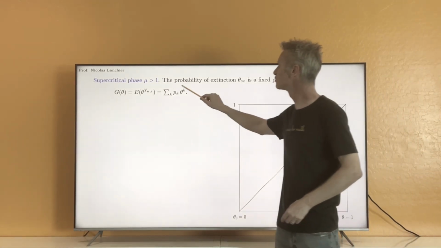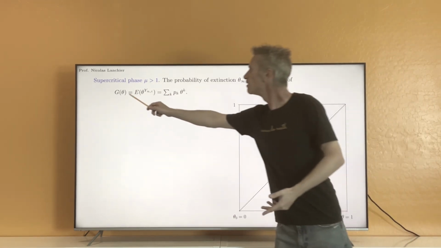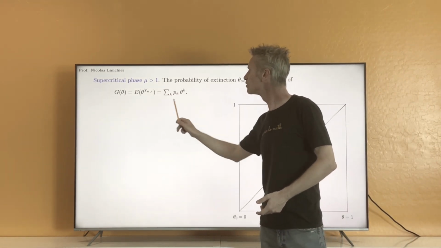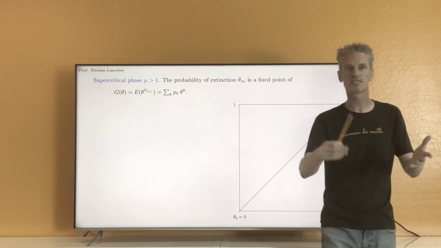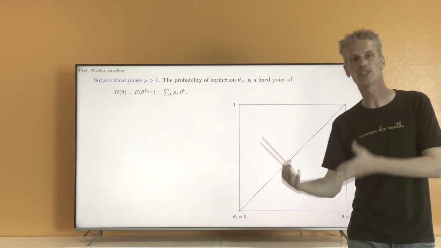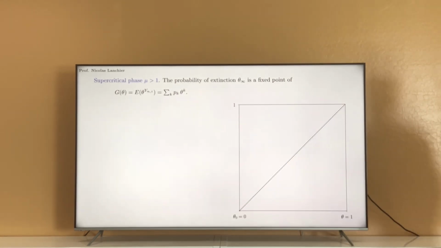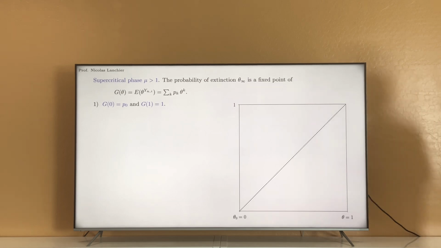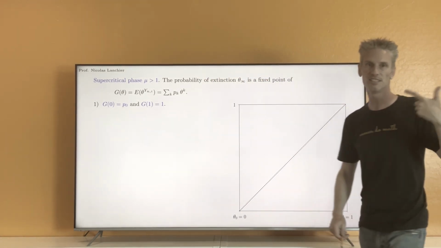Well, when theta equals 1, theta to the power k is always equal to 1. And so g of 1 is equal to the infinite sum of the pk, because again, these are the terms of a probability mass function, they add up to 1. So g of 1 is equal to 1. So we get those two particular values. First, g of 0 is equal to p0 and g of 1 is equal to 1.